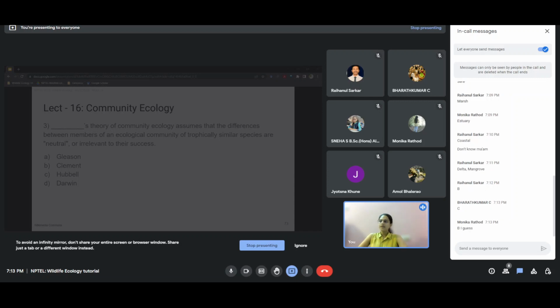So these are very important in the theory of defining community ecology, all these scientists, because they all had different theories, right? Monica says B. Who else?